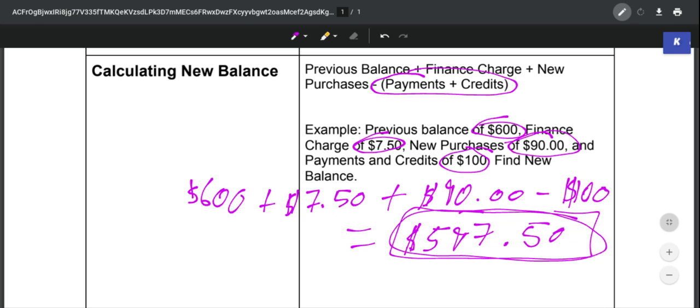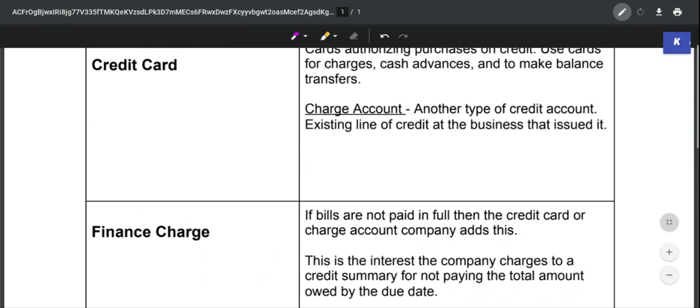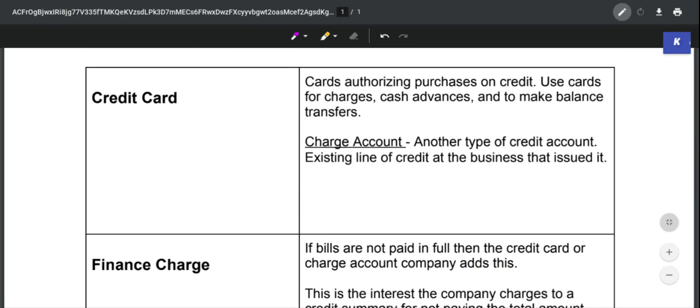Then we made a payment of $100, and that's what we subtracted. So you're going to have to look at this a little bit differently. And like I said, for the homework, it'll just be working through it. But the calculations aren't what's important here. The information is very important with this stuff, because you can get into some tight spots. There's good and bad with credit cards, and there can be a lot of bad if you don't know this information.